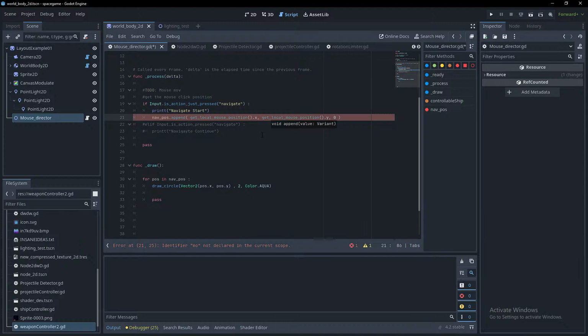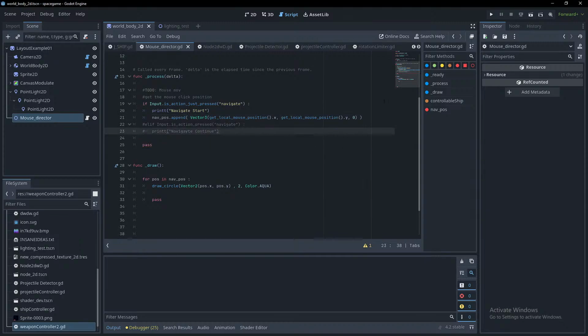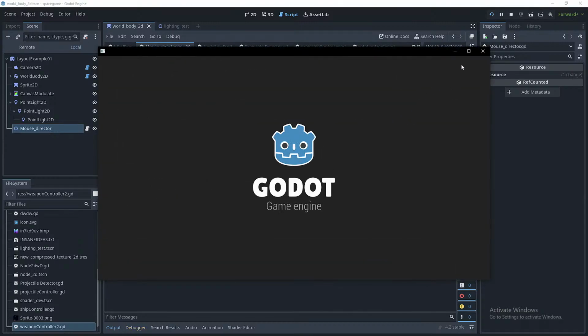We're going to do 0 for now. Yeah, it doesn't take an int and then a single float, unfortunately. We're going to try it. We're going to see if this works.